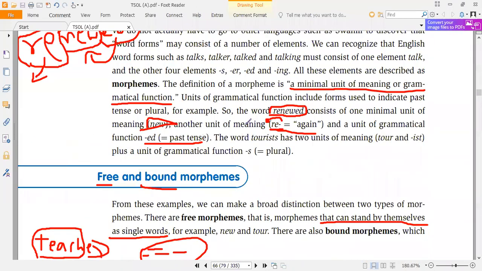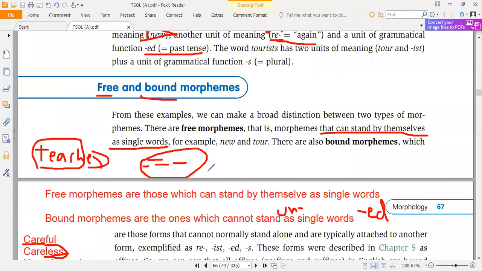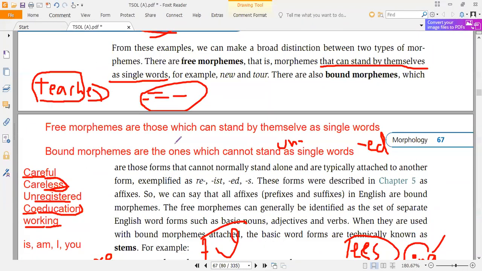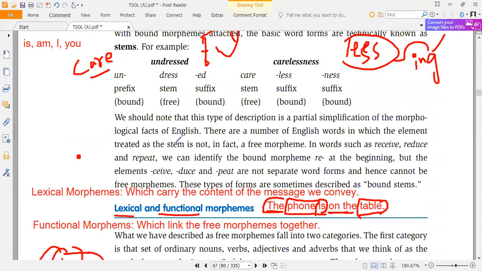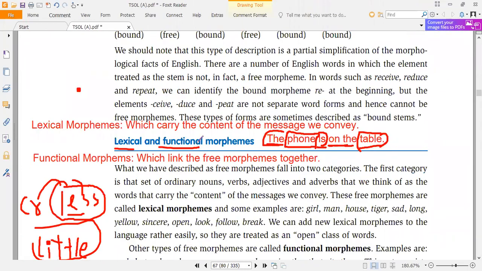We talked about the two broad categories of morpheme, one of which is free morpheme and another is bound morpheme, right? I hope you remember what is meant by free morpheme and bound morpheme. Free morphemes are further divided into two broad categories. The first one is lexical morphemes, while the second one is functional morphemes.